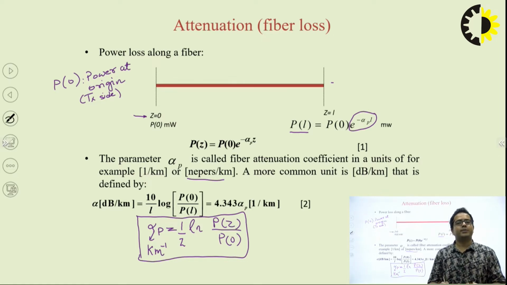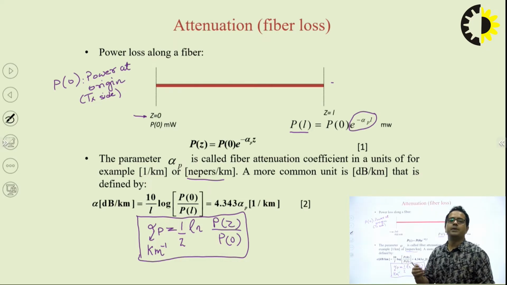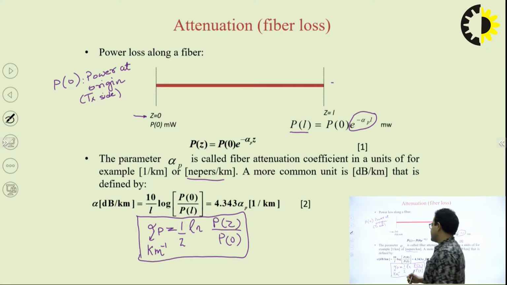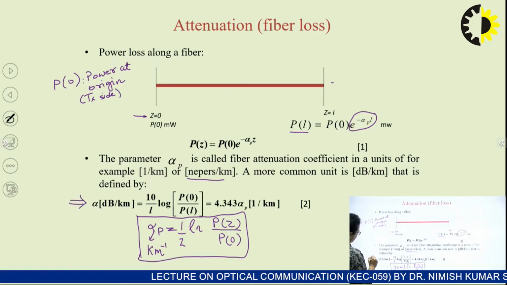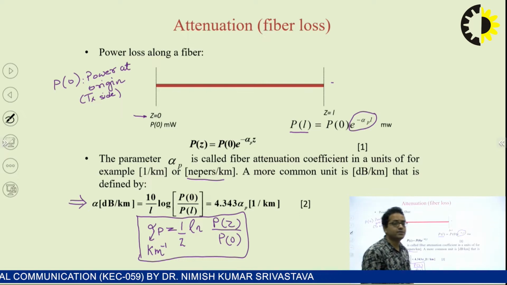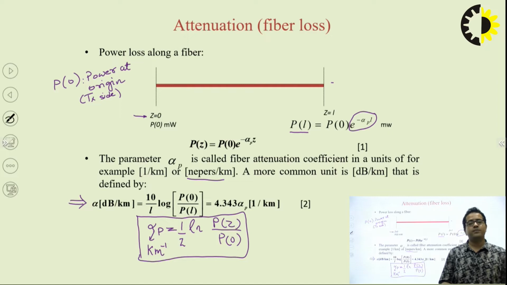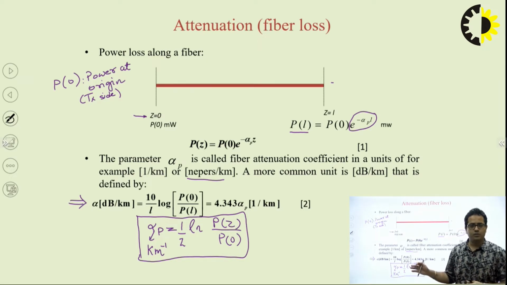So if you are taking dB per kilometer, it will be 10 log of P0 upon P of L, that is the maximum power strength and the attenuated power at a distance Z equal to L. So this second formula, alpha dB per kilometer, is the more precise way that any optical engineer is going to use to calculate the strength of an optical signal at some distance, or the strength degradation in power per kilometer. So that is what this formula is going to tell us.